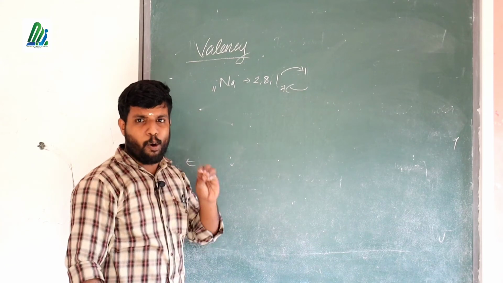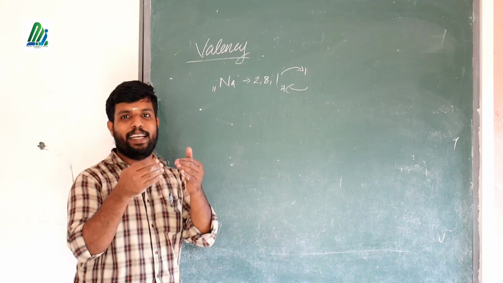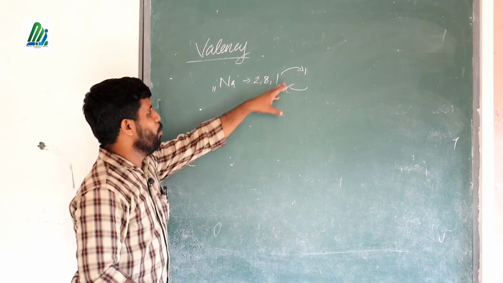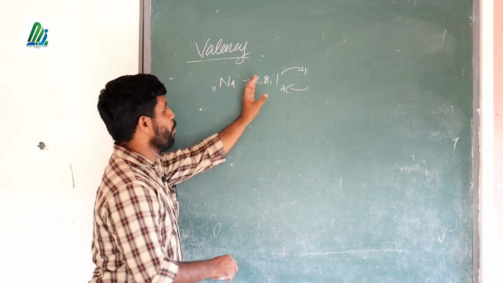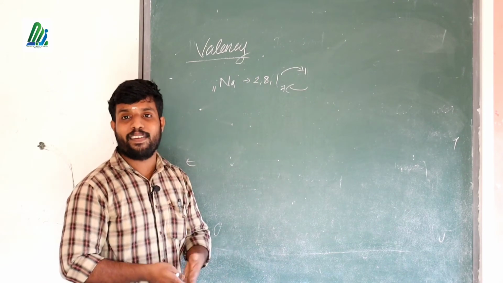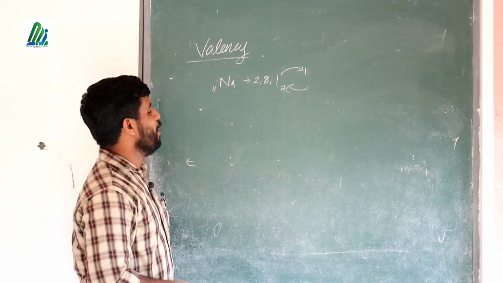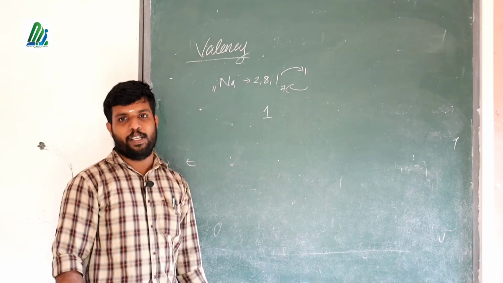An atom always does the easier thing, that needs less energy. So it will donate 1 electron. So if it donated 1 electron, its valency is 1.